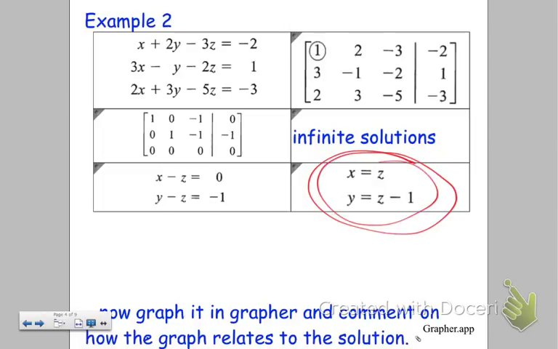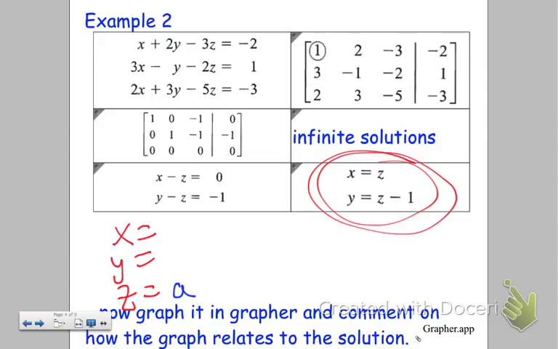So when I want x equals y equals z equals, well, z can be whatever it wants, and we don't just call it z, we call it some other variable. So don't get all confused by this. I'm just going to pick another variable, call it a.